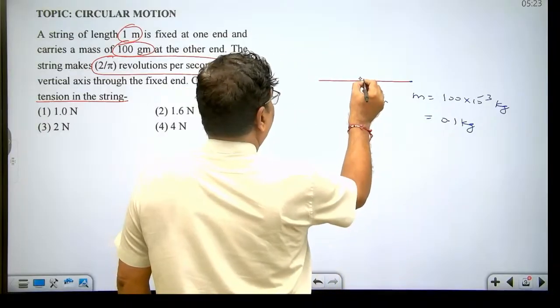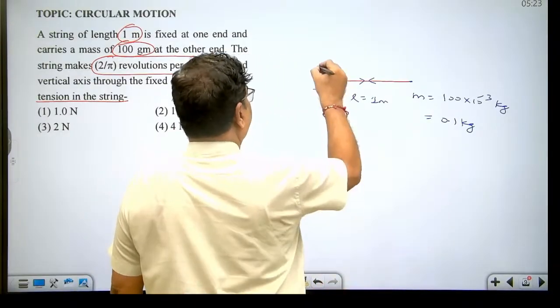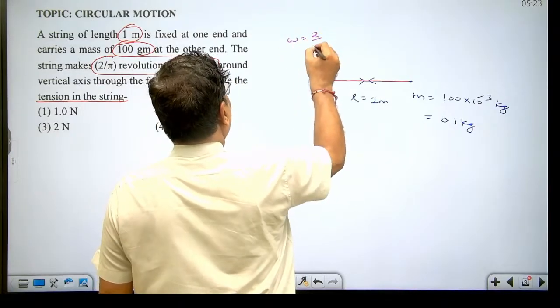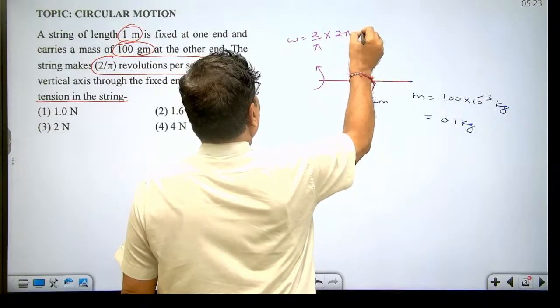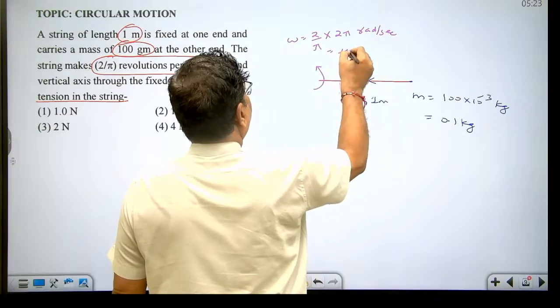And the string is rotating with constant angular speed omega, that is equal to 2 upon pi revolutions per second. Revolutions means this is 2 pi radian per second. So this is 4 radian per second.